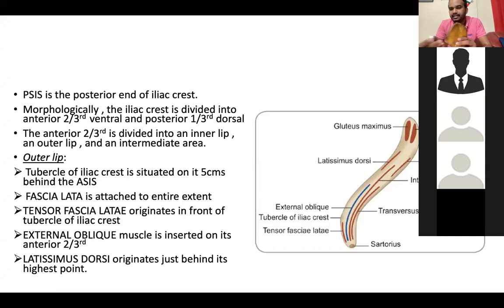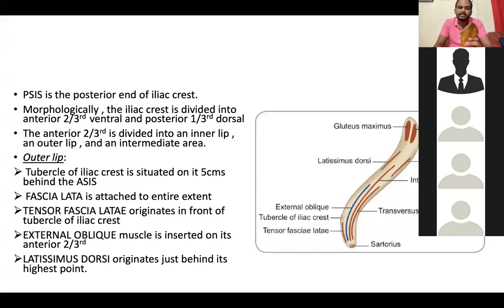Between this anterior end and the posterior end is the iliac crest. This entire iliac crest is divided into anterior 2/3 and posterior 1/3. Is it clear?